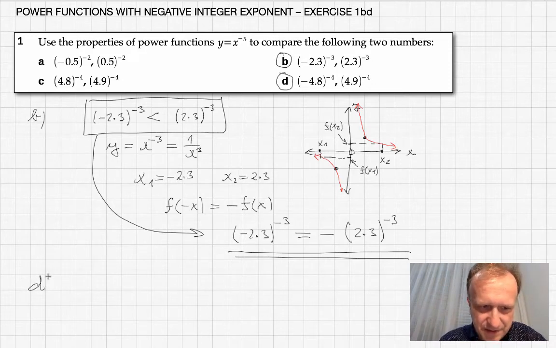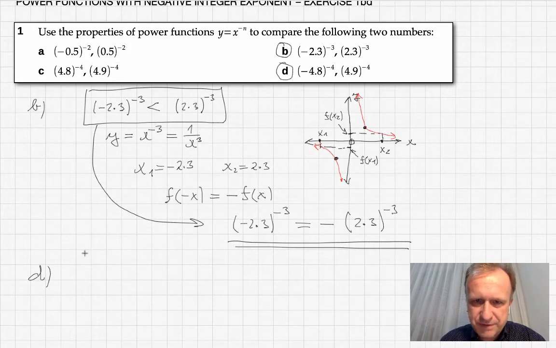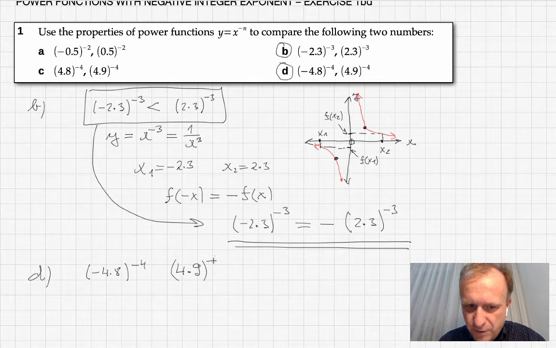Now in part D, we have a somewhat different situation. We have to compare two numbers, minus 4.8 to the power of negative 4 and 4.9 to the power of negative 4.